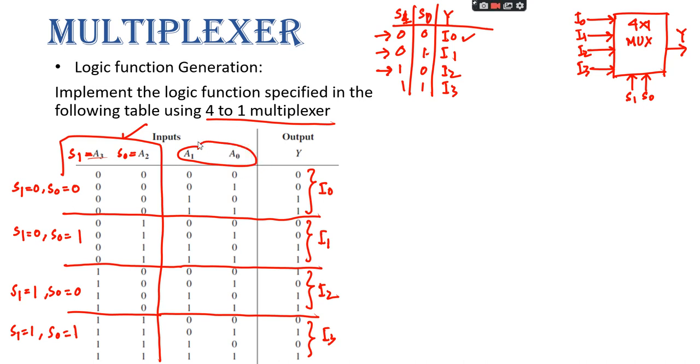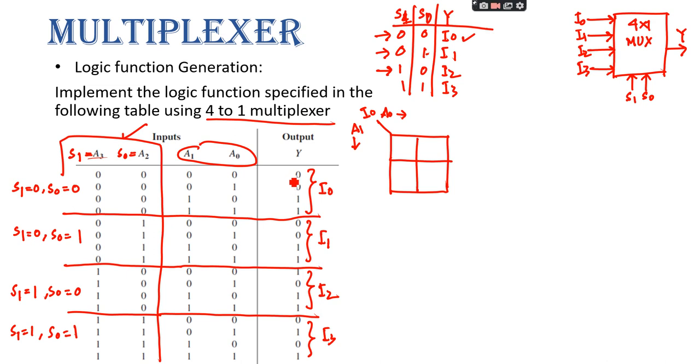So how can we do that? We can do that using the K maps. So if I consider the K maps for 4 values, suppose this is the K map for I0. What will be the inputs for that? A1 and A0.